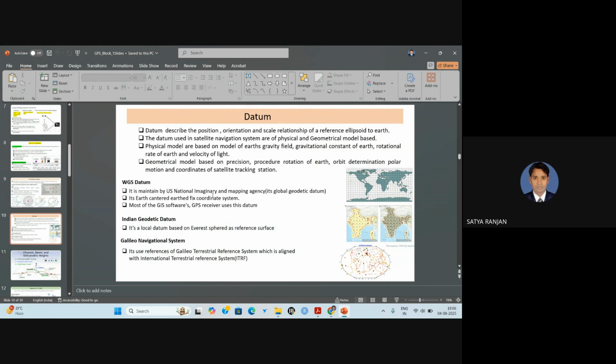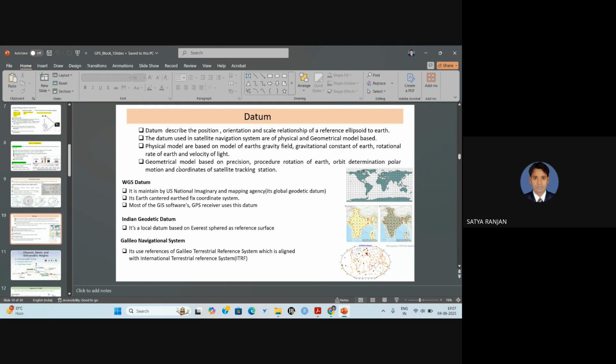If the original center of Earth is nearer to the center of the virtual Earth, then we get a very accurate position. If the original center of Earth is far from the virtual Earth center, then we get values with different errors. So datum is generally targeted to draw the virtual center of Earth as accurately as possible.